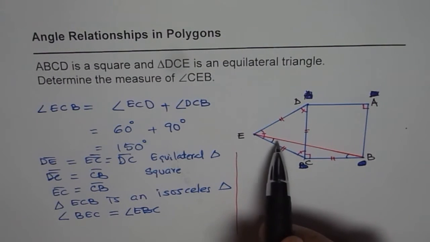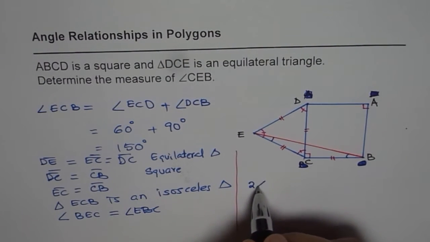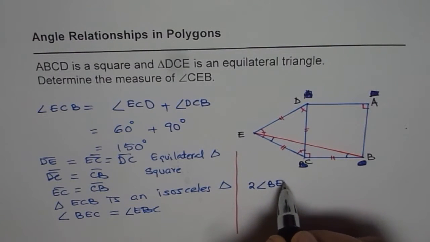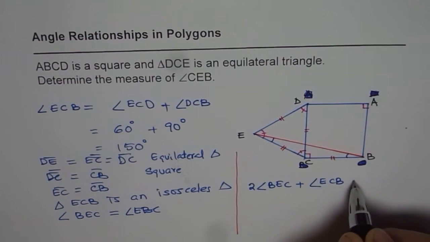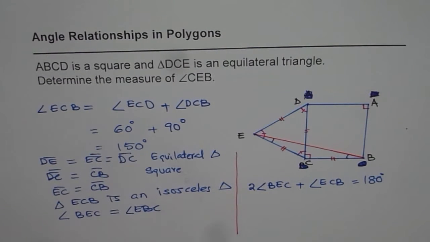Now, since these two angles are equal, we can say that 2 times angle BEC plus angle ECB is equal to 180 degrees, correct? Now angle ECB is known to us as 150.